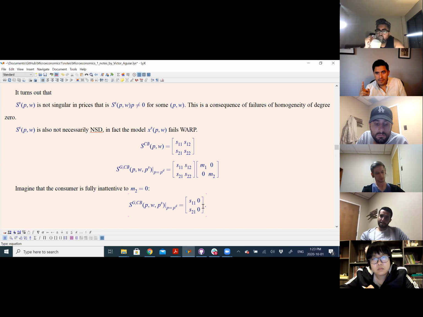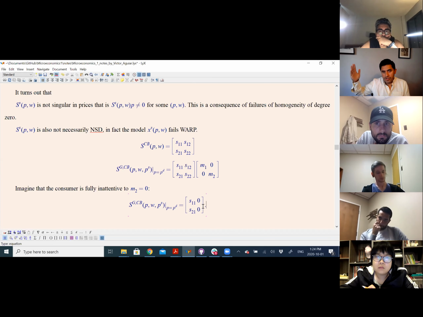So in a way, you're still reacting like a rational agent. Of course, in the end it's going to be a different demand, but you still behave as rational. If I see your data and you have symmetric attention, I can never tell you apart from a rational guy. That's the bottom line. That's the cool thing about this Slutsky matrix, because I know that the guys that have homogeneous inattention to everything look rational.